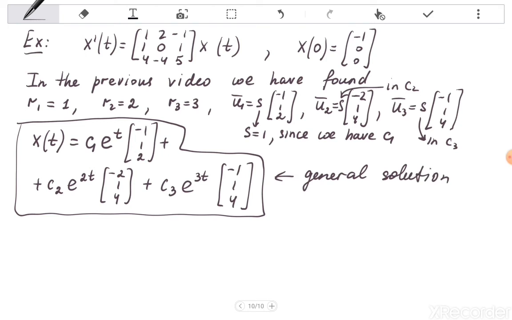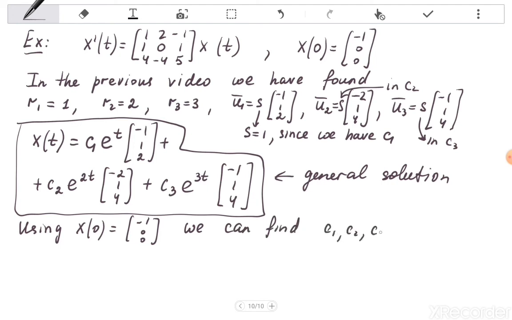And now we have to find the constants using the initial value. So using x0 is minus 1, 0, 0, we can find C1, C2, and C3. So how do we do this?